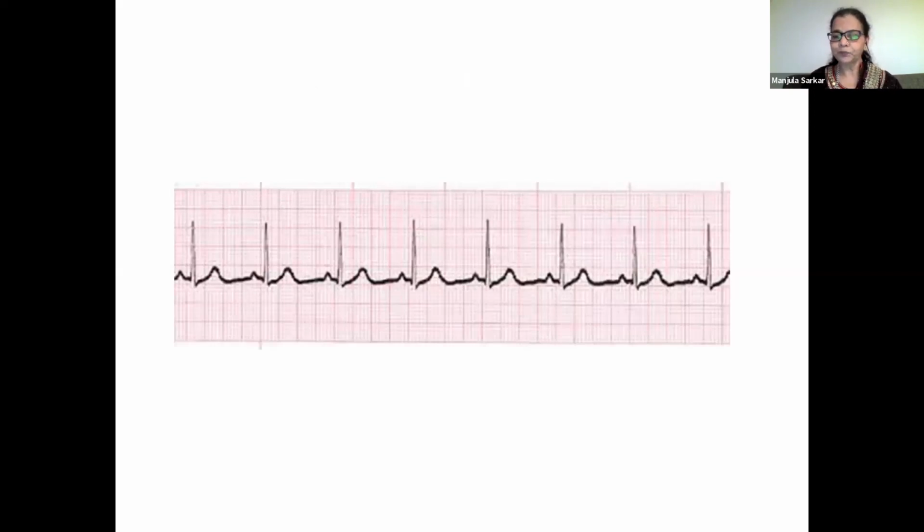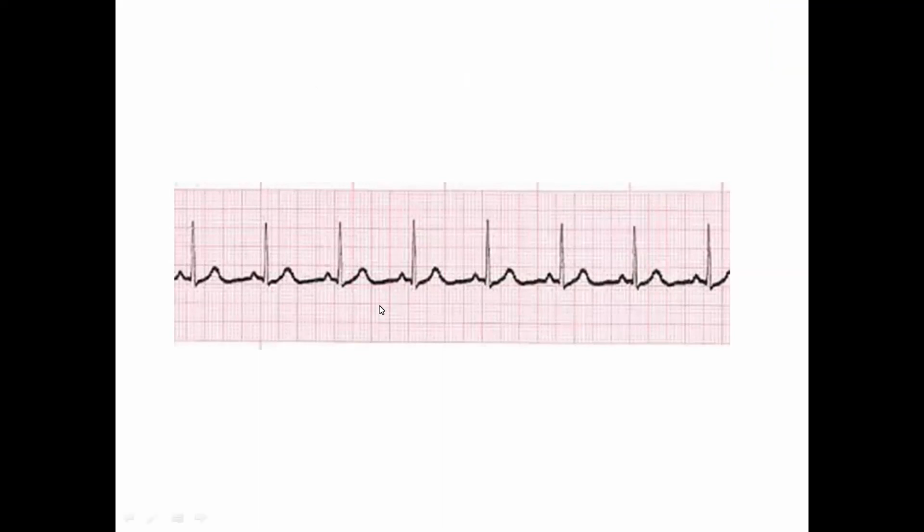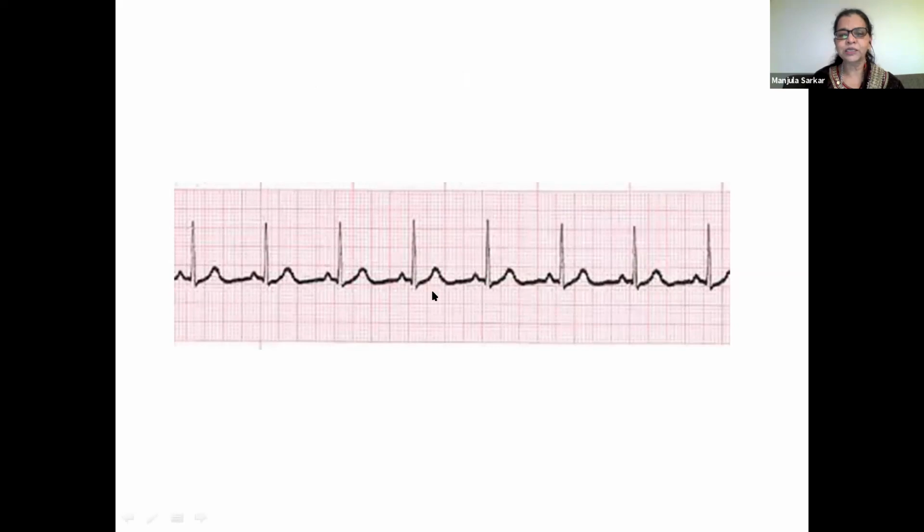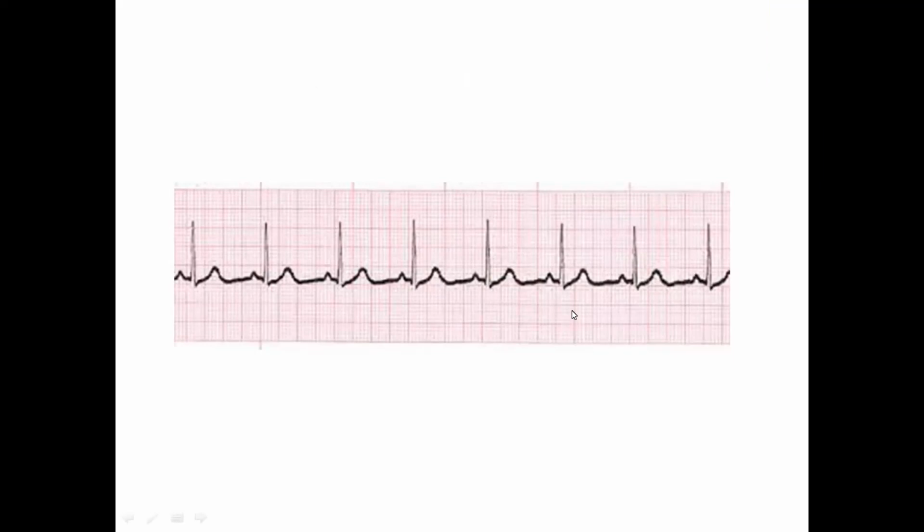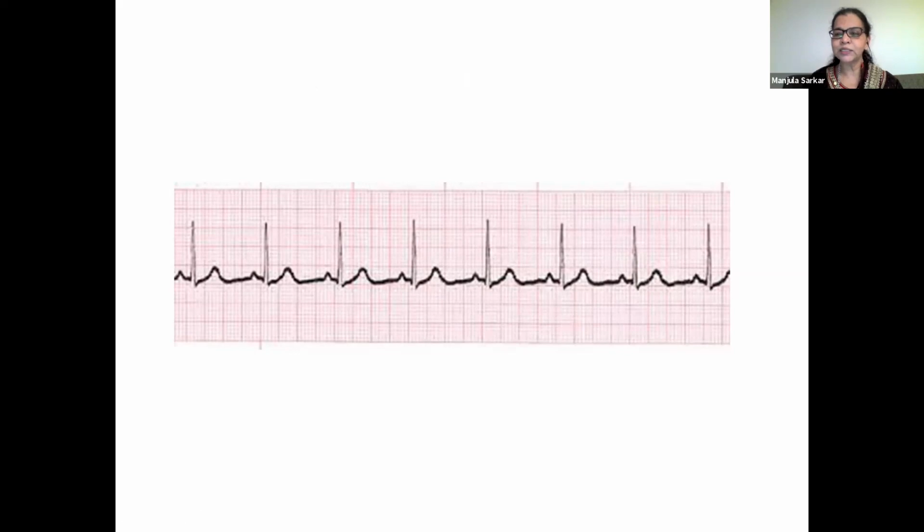Quickly. This strip is showing normal PQRS complexes. So how much is the rate? Around 100, ma'am. So this is the strip showing sinus tachycardia, right?